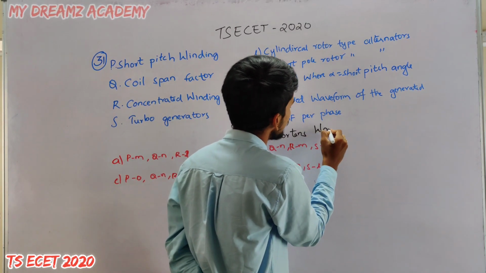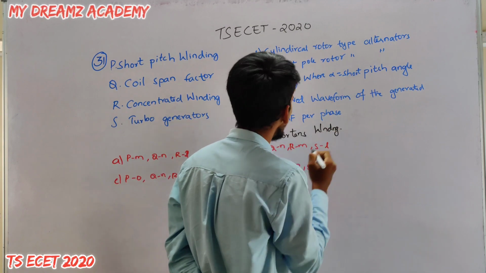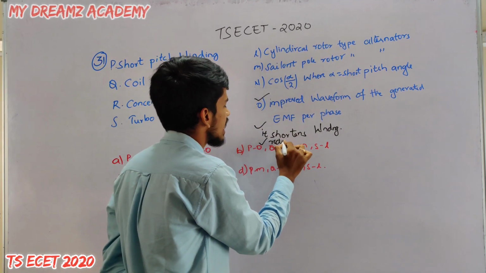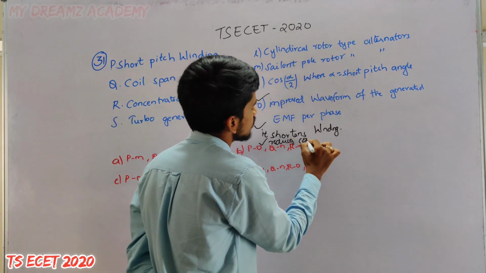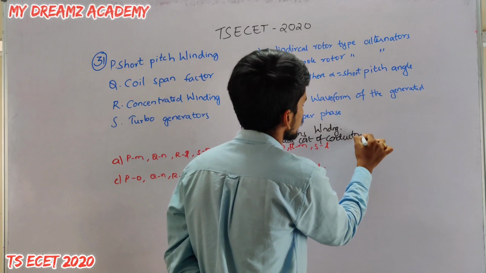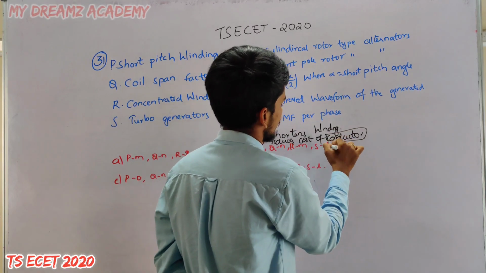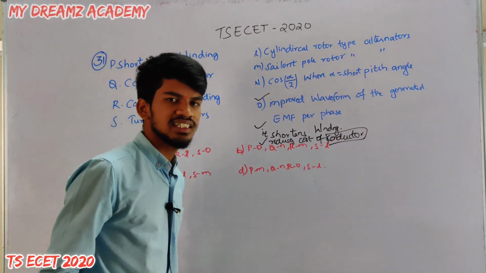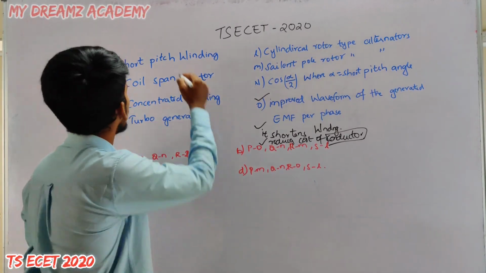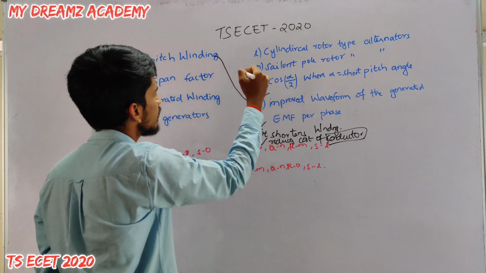It also reduces the cost of material, that is our conductor which is required for our short pitch winding. So P is Q.